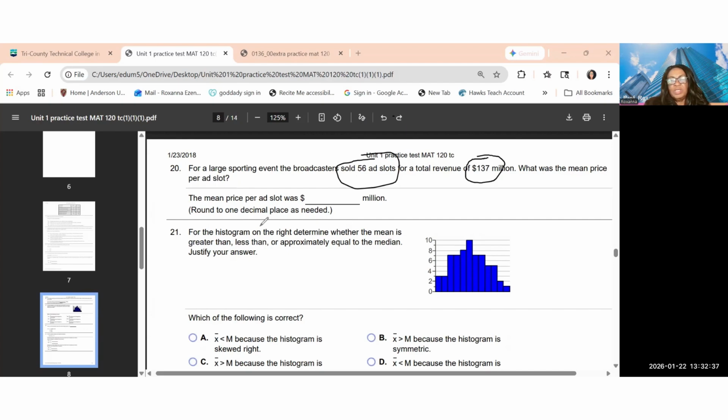Okay. For the histogram on the right, determine whether the mean is greater than, less than, or approximately equal to the median. So they didn't give us any numbers. They did not give us numbers, but let's check.